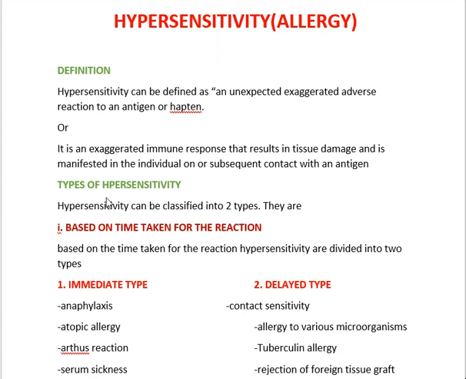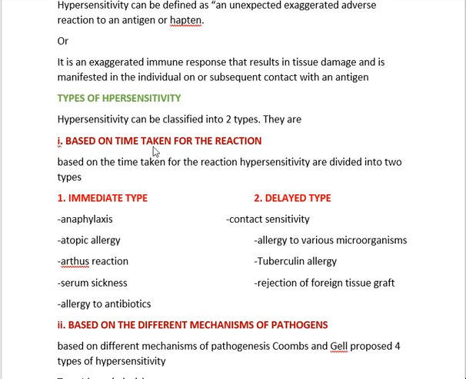Coming to the classification or types of hypersensitivity, basically hypersensitivity is classified into two types: based on time of reaction and based on the different mechanisms of pathogens. Based on the time taken for the reaction, hypersensitivity is classified into two types. One is the immediate type, another is the delayed type.